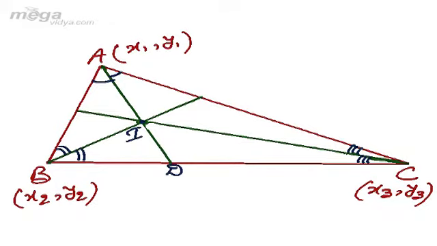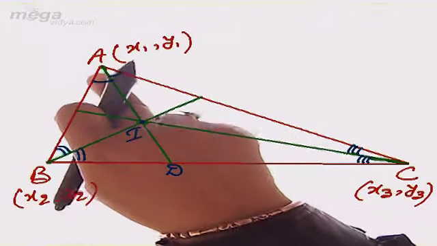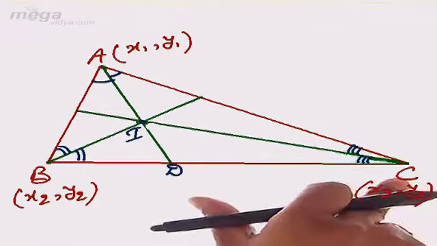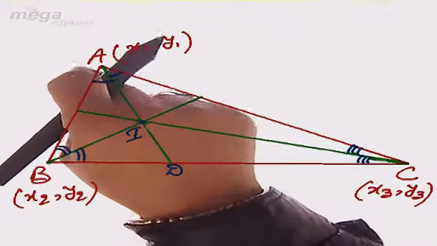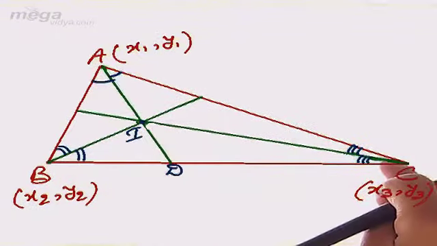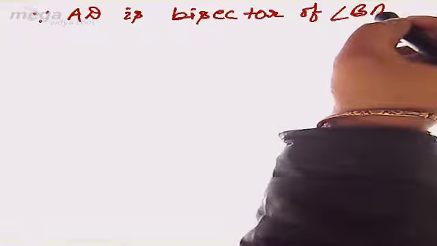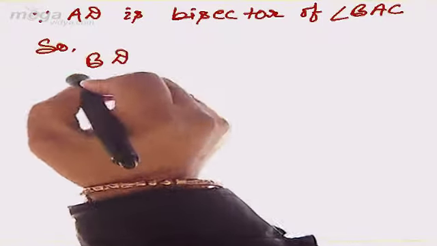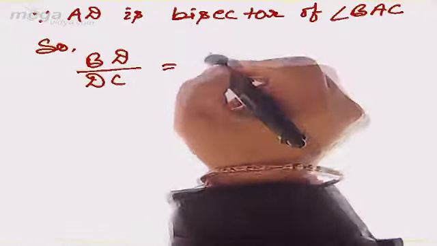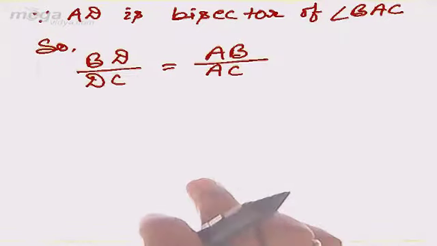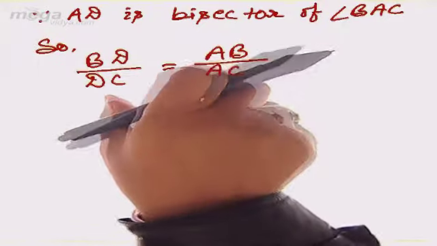Now student, you did in class 10th that the angle bisector of any angle divides the opposite side in the ratio of the sides containing the angle. Meaning for AD, the bisector of angle BAC, BD upon DC is same as AB upon AC. This you did in class 10th.